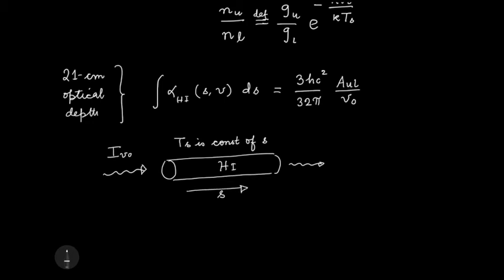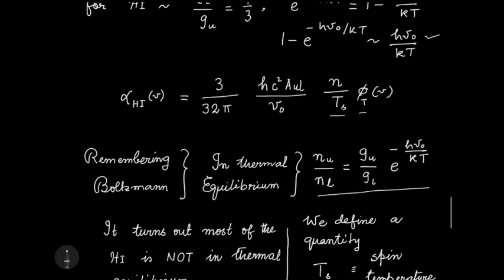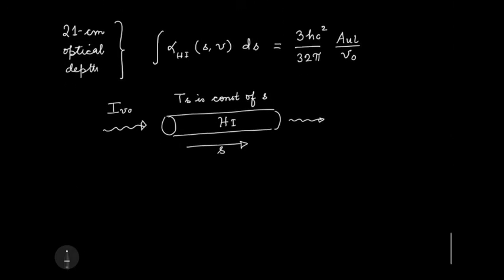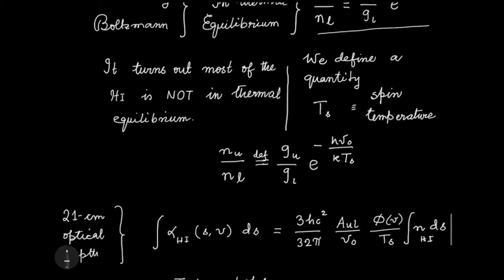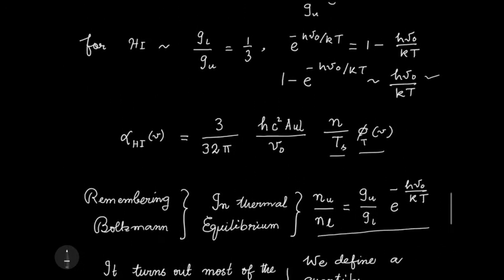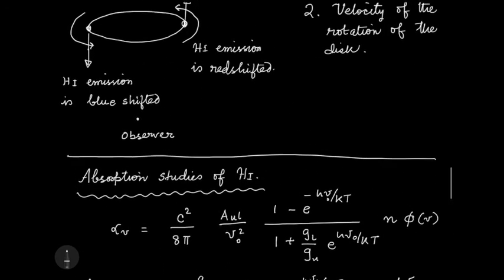If I assume Ts is constant over s, so it doesn't change along s, and that is not strictly true, but just for the time being we are assuming, such that I can take this outside. Then what I get is, remember this is a big assumption, this is mostly not true, but just for the sake of understanding, I get integral of n ds here, and let me write this as N_H1.